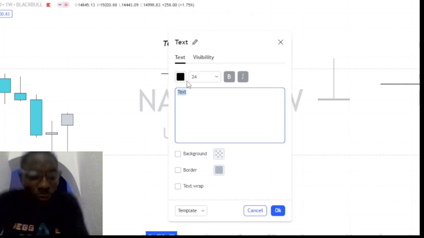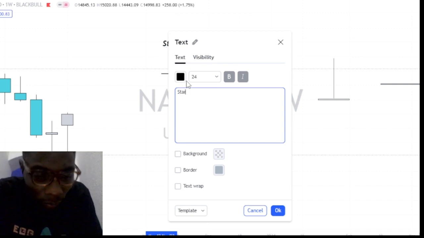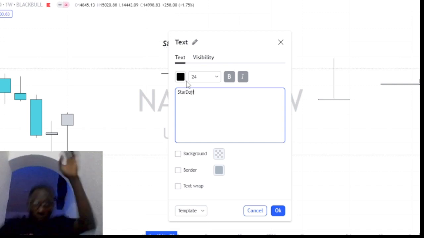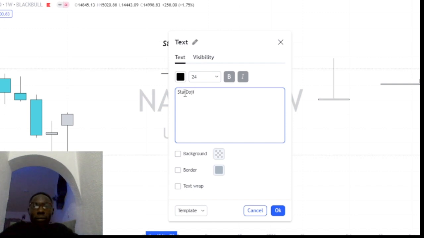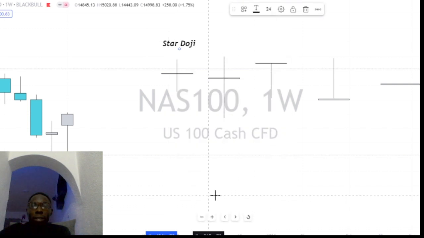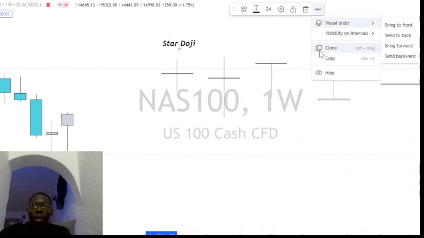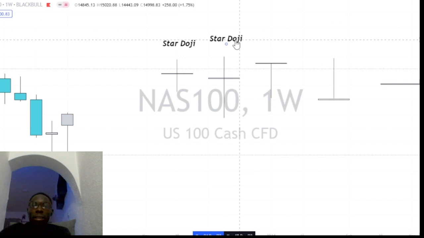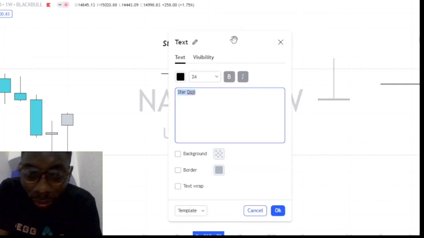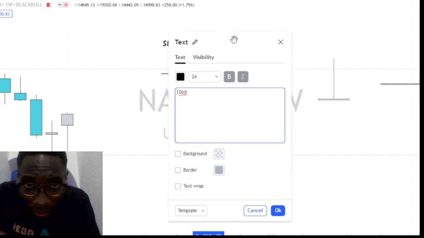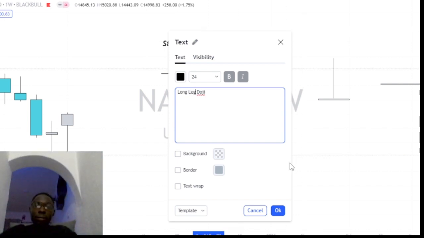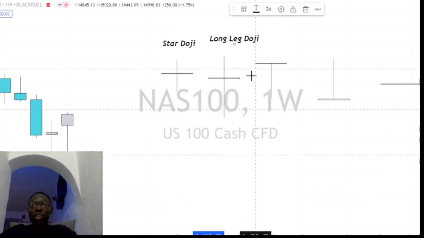We have the first one, star doji, and then long leg doji. I will tell you the psychology behind everything very soon.